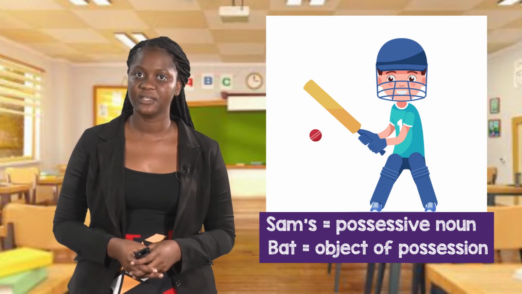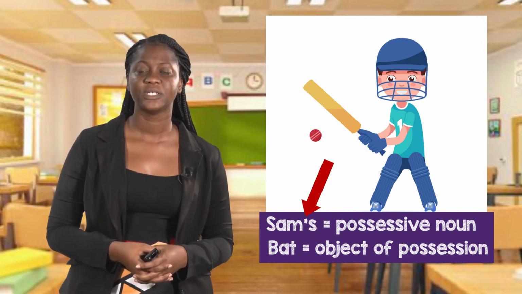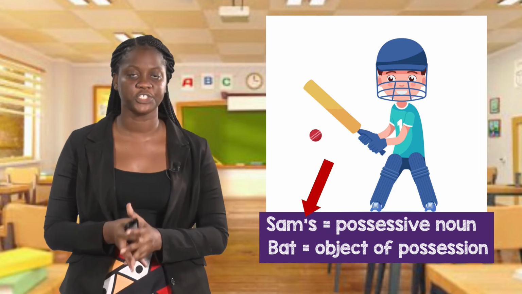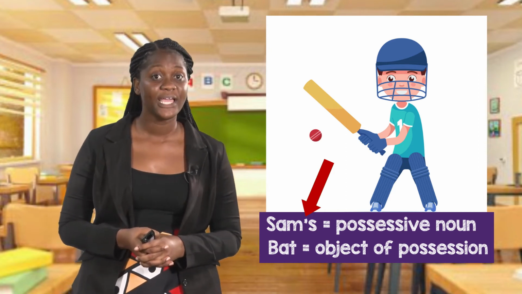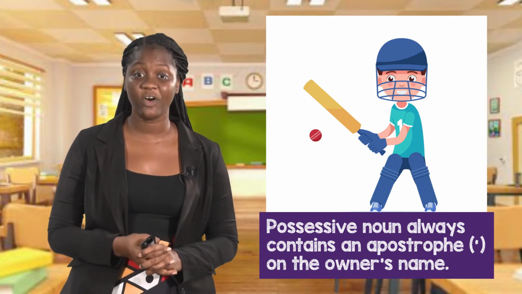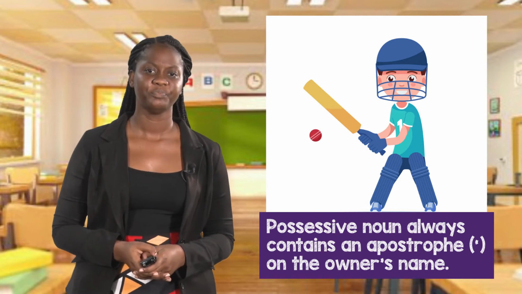As we can see from the examples with Janet and Sam, an apostrophe is used to show ownership. Thus, a possessive noun always contains an apostrophe on the owner's name.